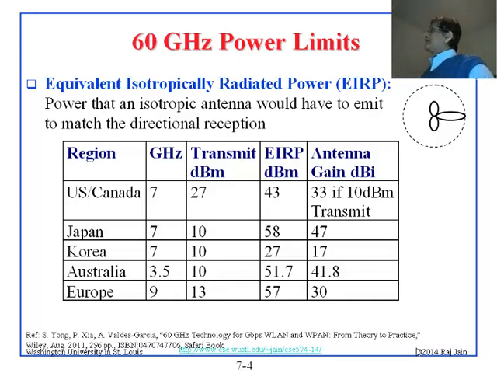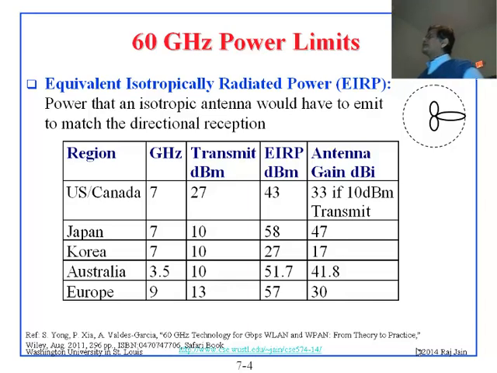If there was an isotropic antenna which did not have this characteristic, it was basically transmitting in all directions, and whatever power you get here, the power they would have sent would be called EIRP. So the power that you are receiving is equivalent to if somebody would have sent 43 dBm all around.